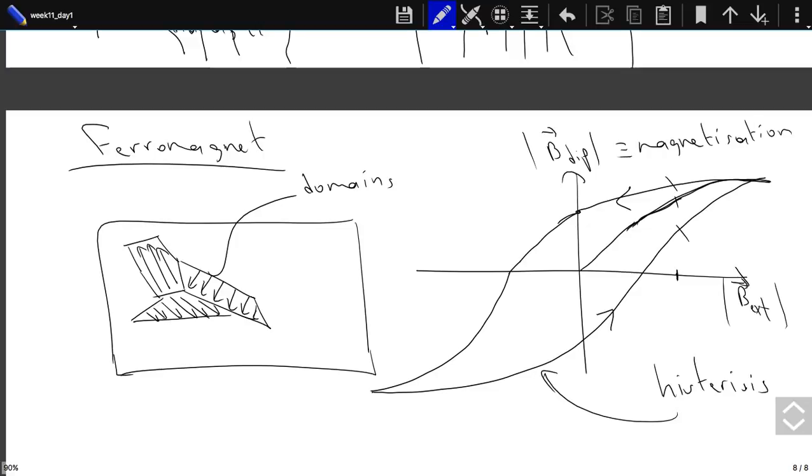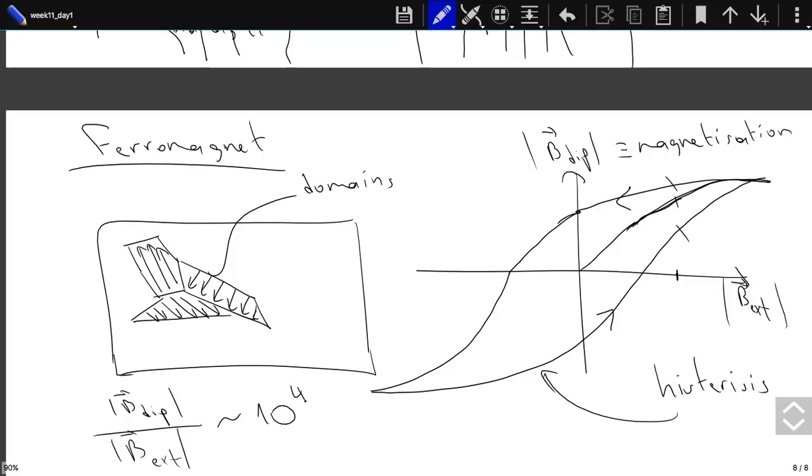Now, in this case, the ratio of the magnitude of the induced magnetization to the external magnetization can be of the order of 10 to the power 4 or so. So that's a huge number.